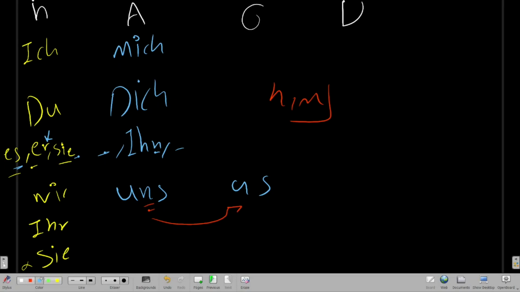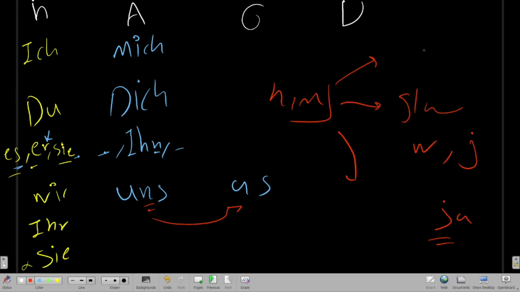N and M have a tendency to disappear or become a glide, as in a W or a Y, like ja in German, or to just disappear, or to become a liquid consonant, a rhotic or a lateral.